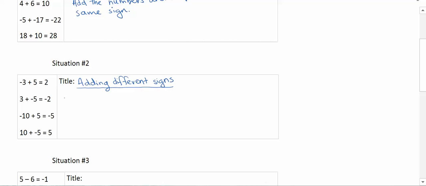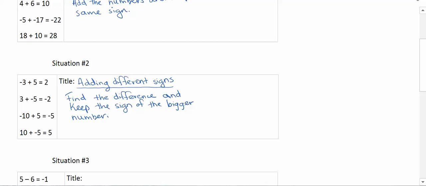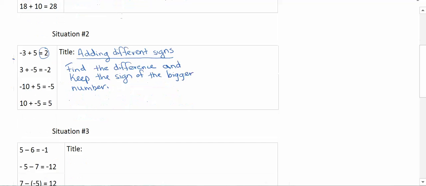And the rule that you can see is you want to find the difference and keep the sign of the bigger number. Okay, if you look over here on the side, you can see -3 plus 5. You find the difference, that is going to be 2, and then you keep the sign of the bigger number, so it is a +2.